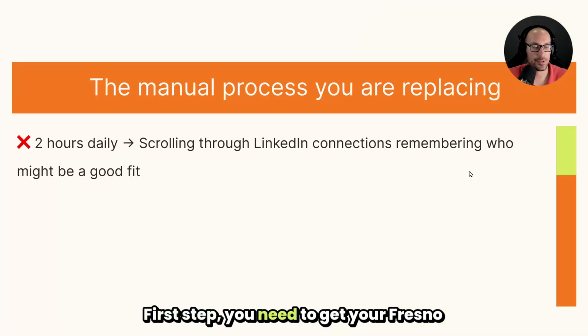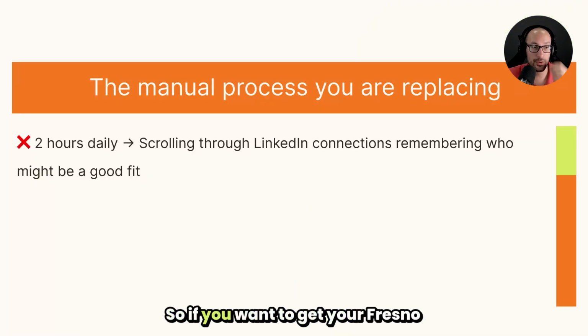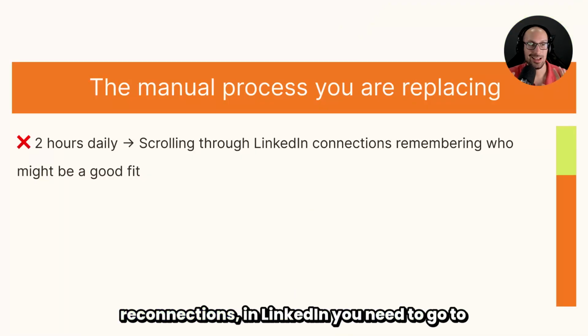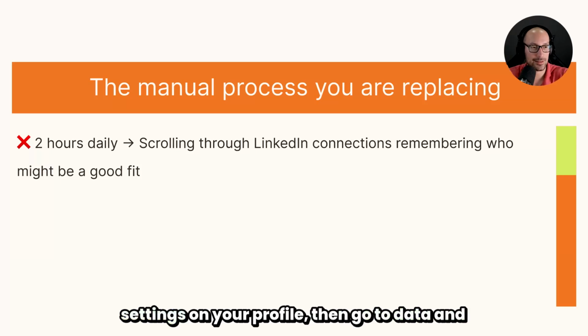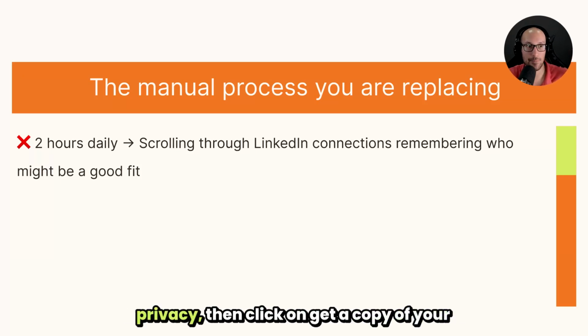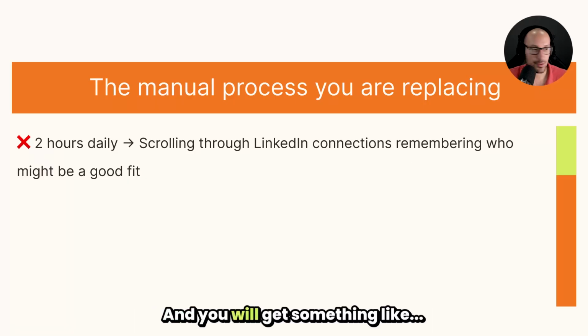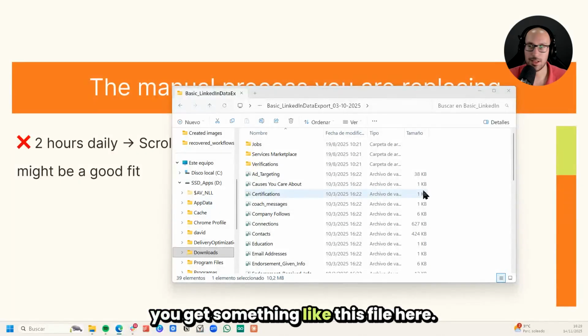First step, you need to get your first connections. So if you want to get your first connections in LinkedIn, you need to go to settings on your profile, then go to data and privacy, then click on get a copy of your data. And you'll get a file like this one.